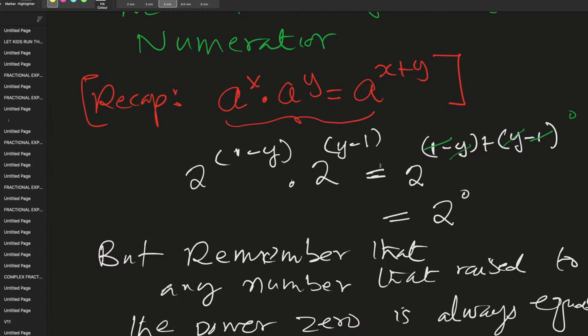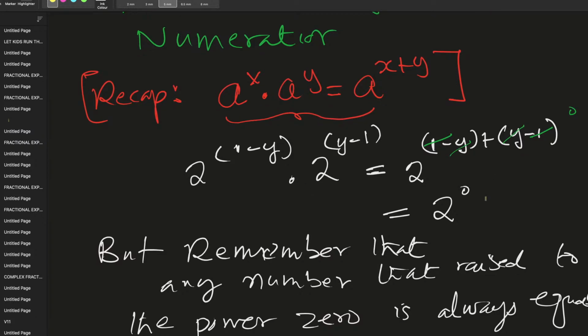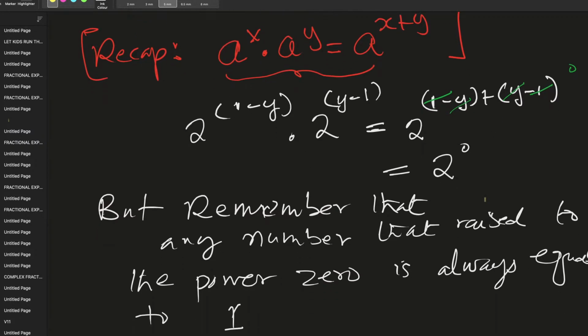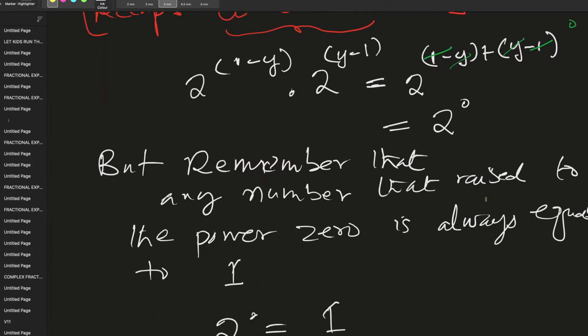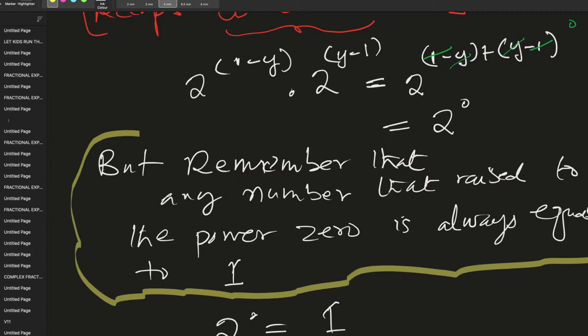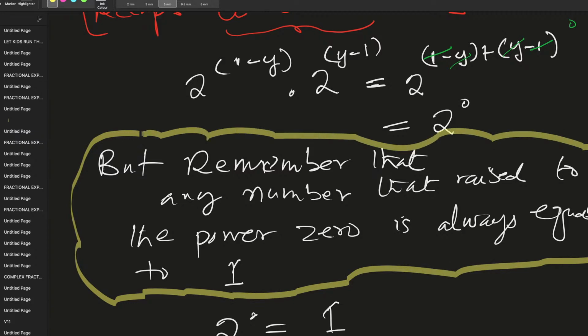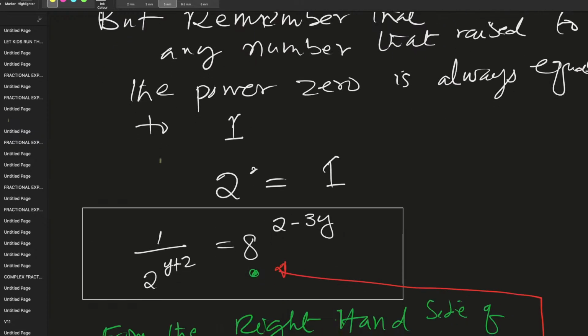When we did that, 1 minus y plus y minus 1, and when we computed, we had 2 raised to the power 0. But remember that any number raised to the power 0, from the foundation of indices, is always equal to 1. That we cannot run away from. So everywhere I see 2 raised to the power 0, I'm going to replace it with 1. And that's what we did over here.